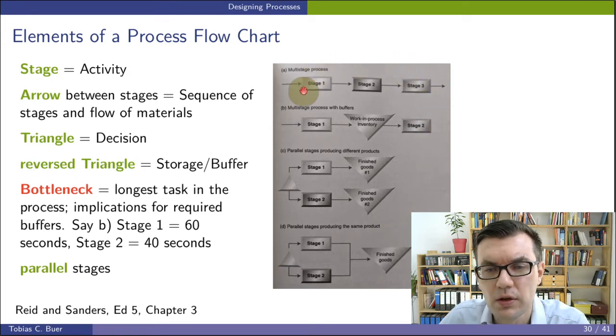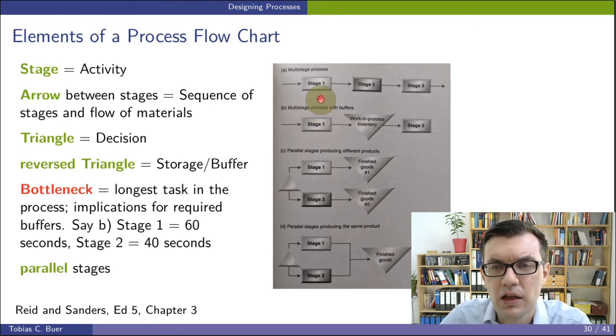So here you see on the right side different types of processes. A, multi-stage process, B, multi-stage process with buffers, and so on and so on. So you see four different processes here, and you see several symbols.